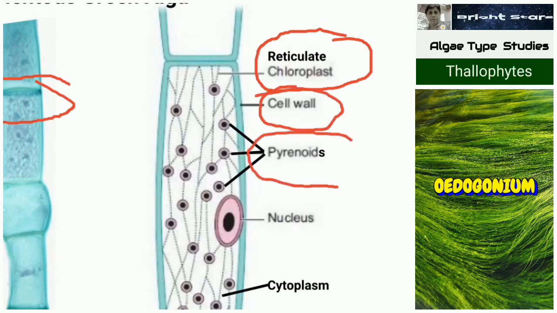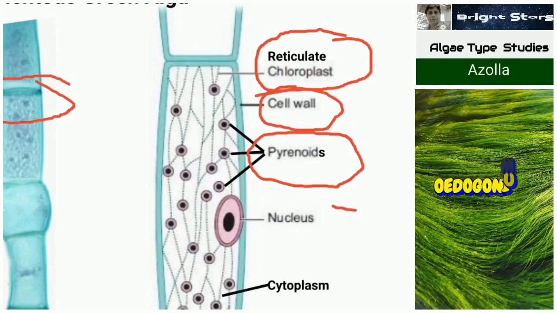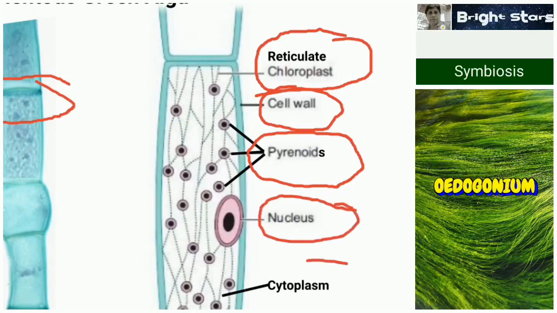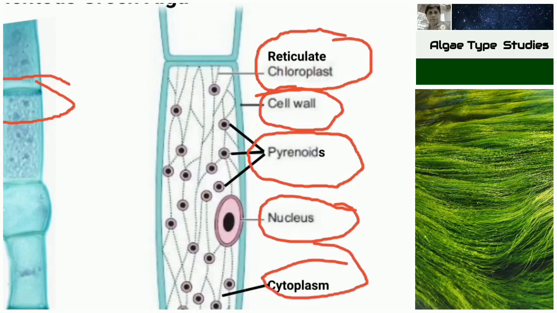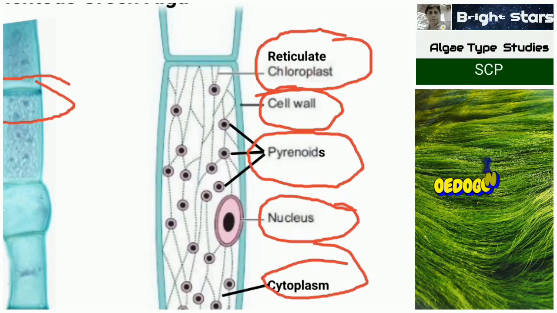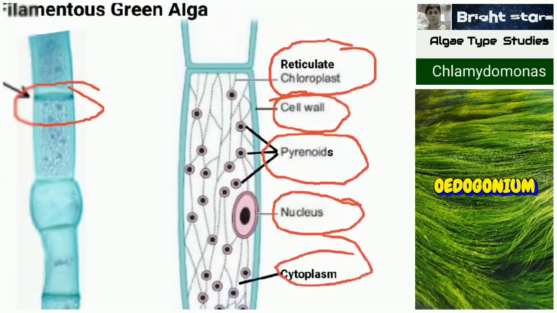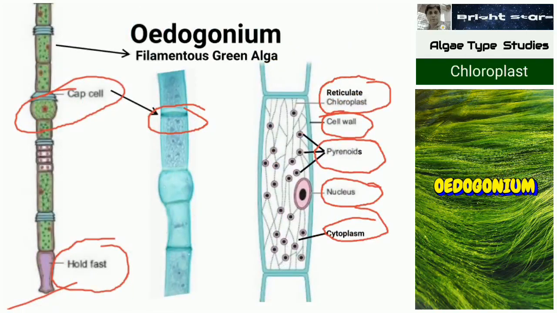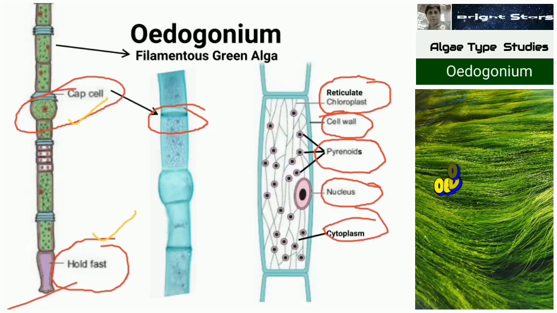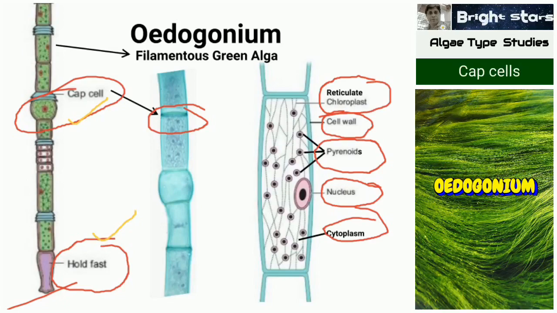Pyrenoids, we have already discussed, store starch. A prominent nucleus is present. Cytoplasm as usual. So the overall filament consists of hold fast, cap cells, reticulate chloroplast, cell wall, pyrenoid, nucleus, and cytoplasm.